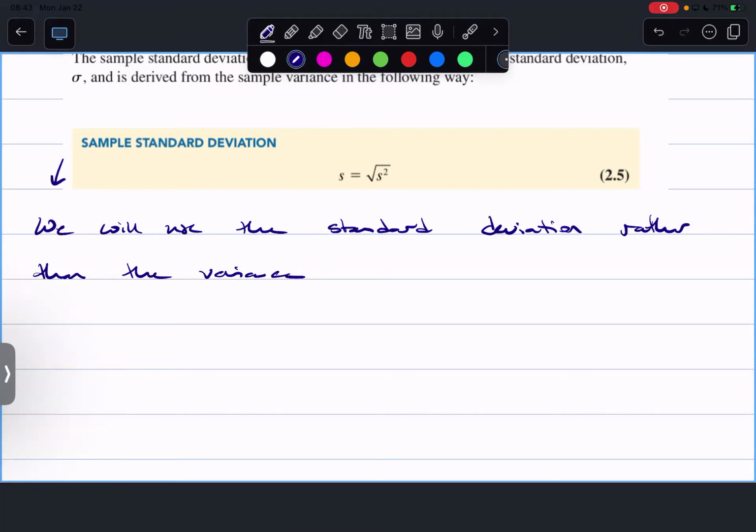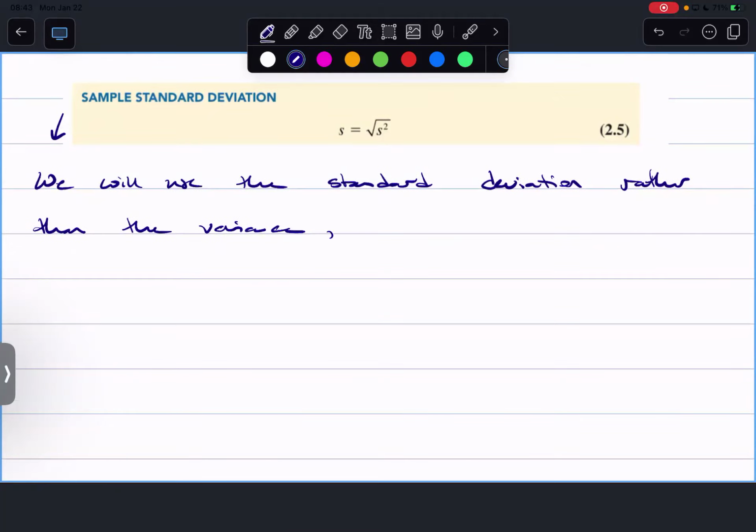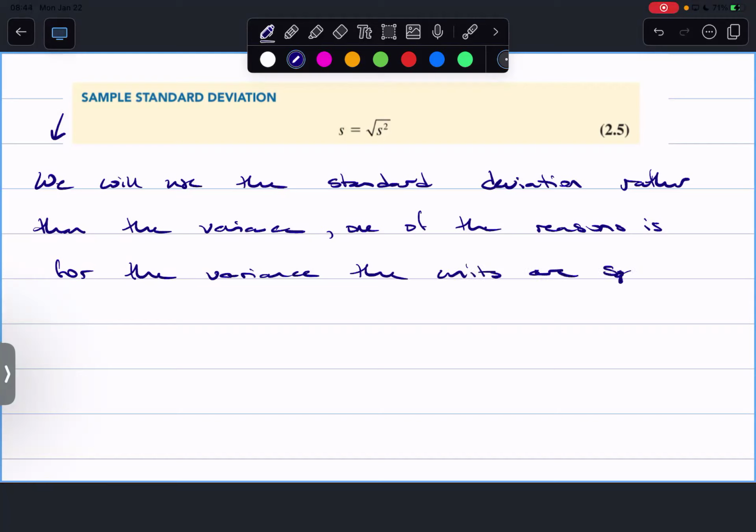There are a couple of reasons, but one is that for the variance, the units are squared, which can get complicated.